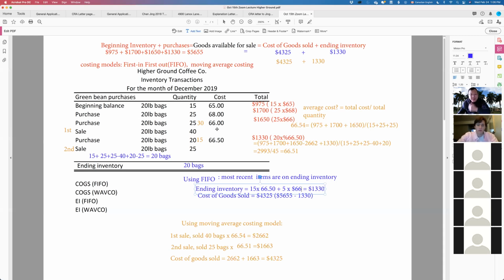The most recent 15 bags are from the third purchase, and you paid 66.5 for each bag. But in the ending inventory there are 20 bags. The other 5 must come from the second purchase, so for those 5 the price is 66. So just be aware of the way you calculate ending inventory.